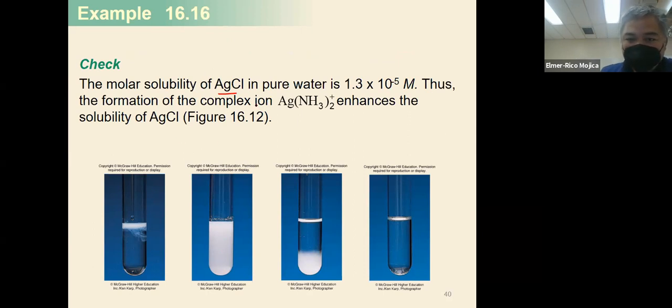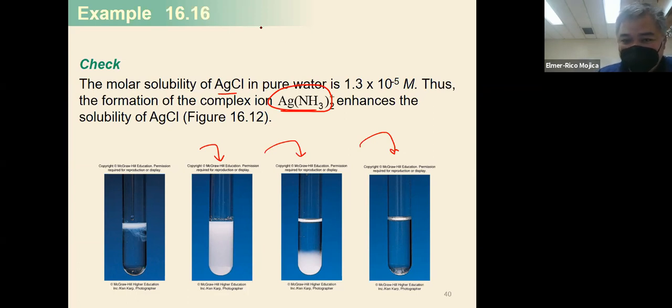So in pure water, this is the silver chloride. And then when you add ammonia, what happens is some of it dissolves until such time all of it dissolves to form the silver ammonia complex.